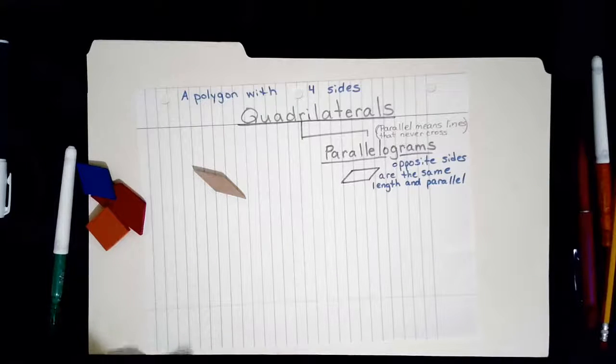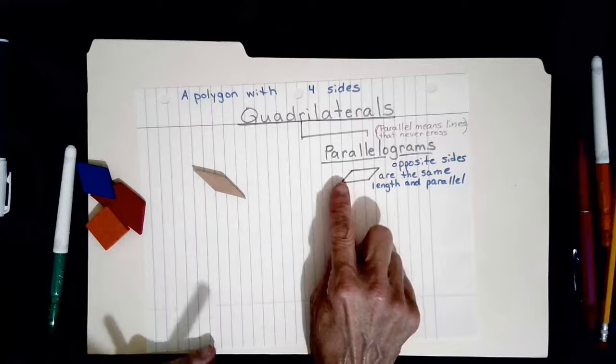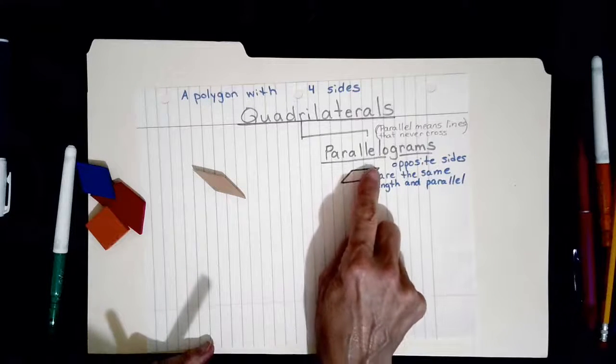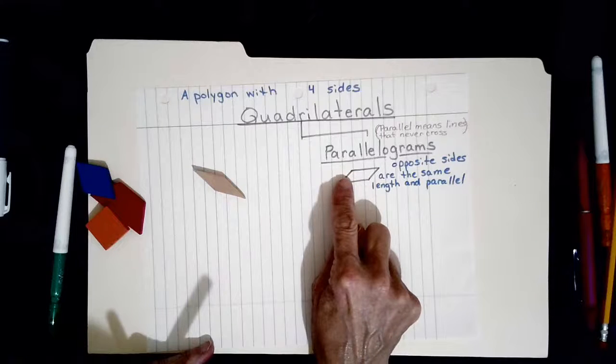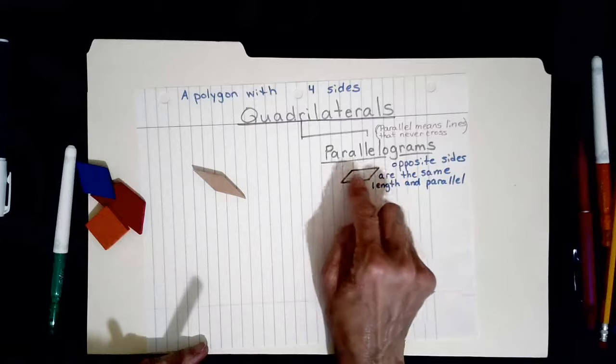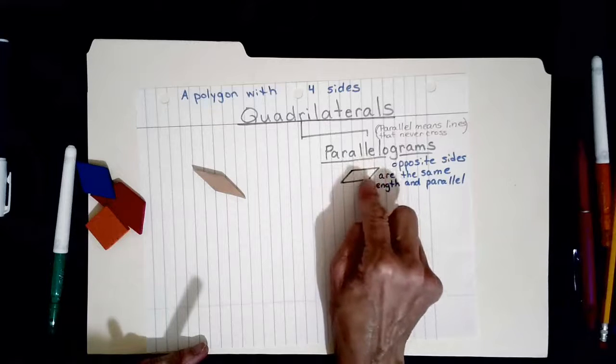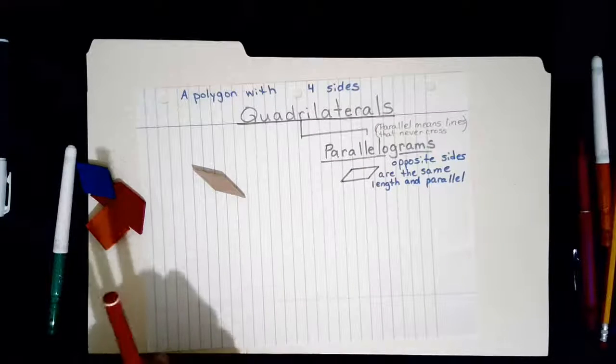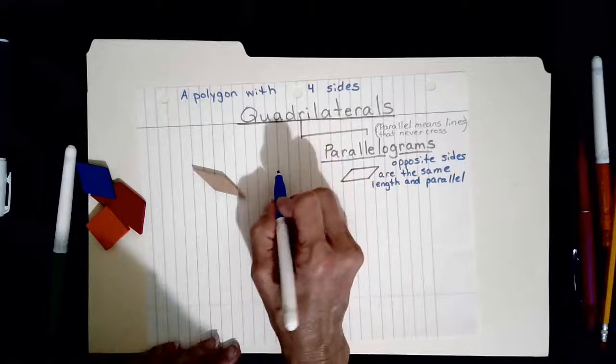Now, another thing that we know about parallelograms is that the opposite angles are going to be the same size. Because of the way the lines are parallel and meet, the opposite angles are always the same size. So that's what we're going to write next, right over here.